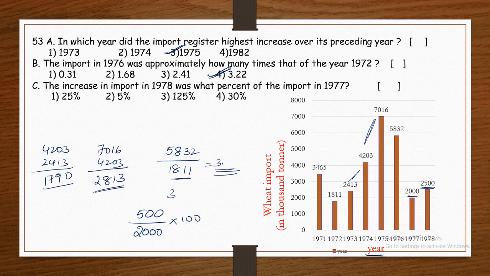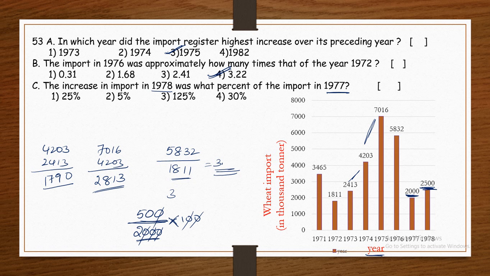Whenever you are asked to find the increase in import, you need to take the difference of the values in the numerator, divided by the one with which you are comparing. So 1978 is being compared with 1977. So 1977's import you need to write in the denominator, into 100 since we need a percentage. Here 2 zeros get cancelled, and one more 0.